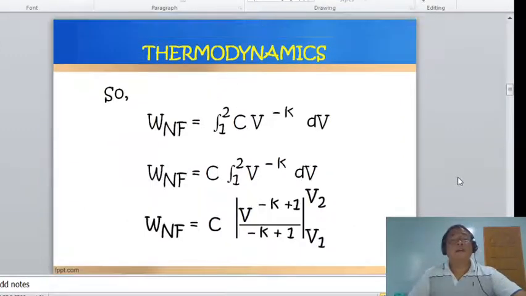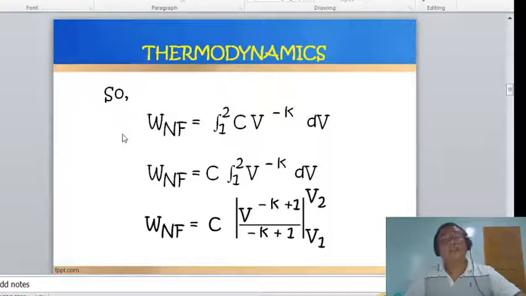The work non-flow now, substituting values, is equal to the integral of C V raised to negative k multiplied by dV. Putting the constant outside the integral sign, that is C times the integral of V raised to negative k dV. Integrating this term, that is V raised to negative k plus 1, since we always add 1 to the exponent, over negative k plus 1.